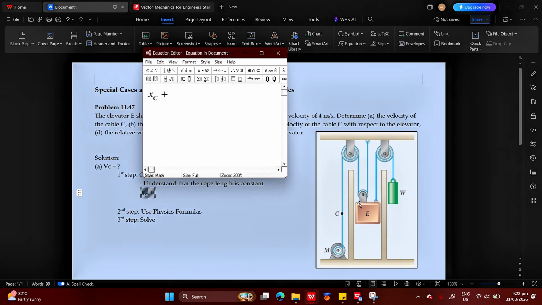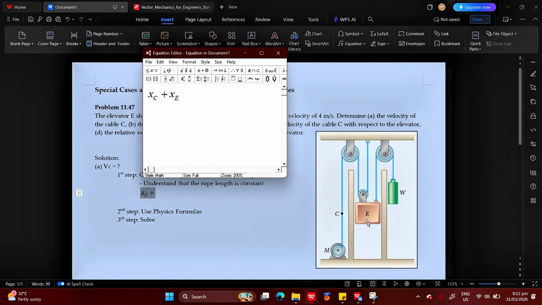It corresponds to particle E. That's why we will call it x sub E, not x sub C, because if E goes downward, the length of the rope at this point will increase. So we will call it x sub E because it is changing due to particle E. How about this last rope?